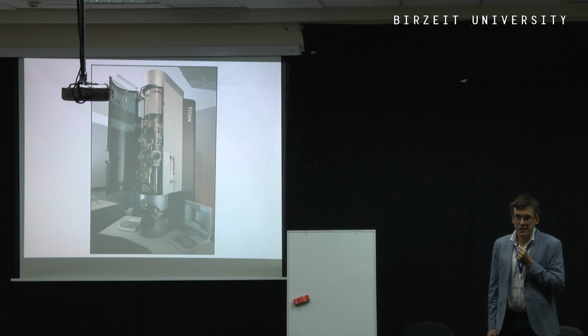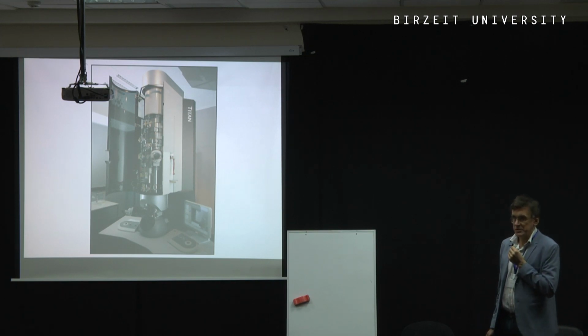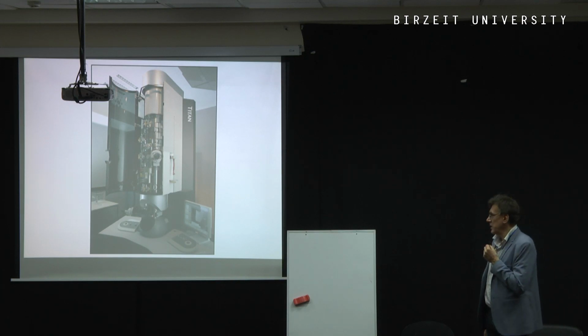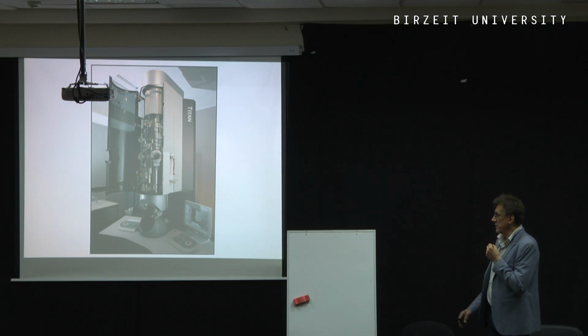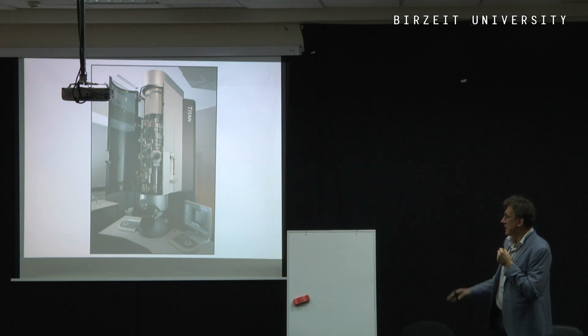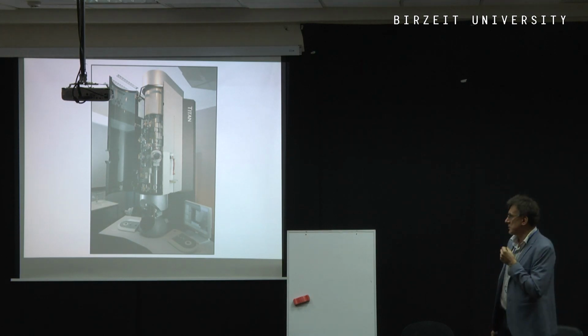The sample that we look at is located about halfway up this column. The column is about 2 or 3 meters tall. And then we have cameras, detectors, spectrometers, which are located either at the bottom of the column or at various other points. They could be halfway up the column as well.